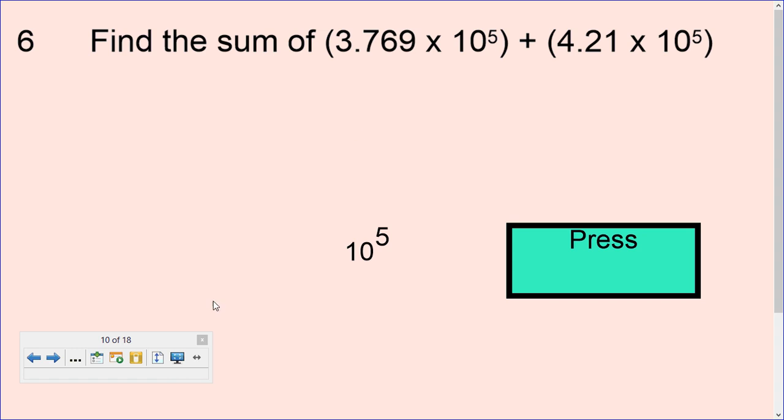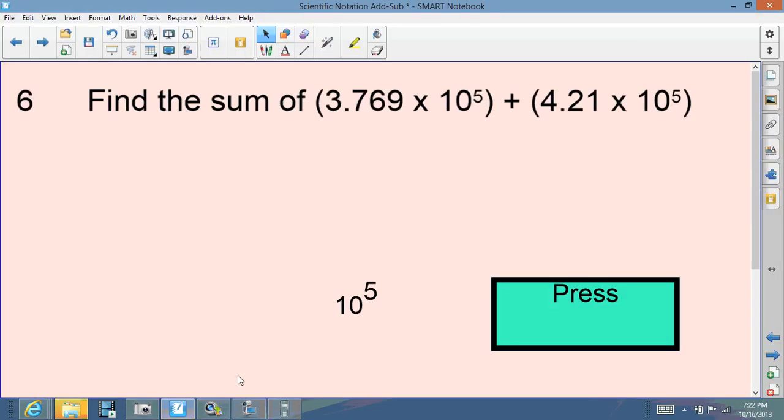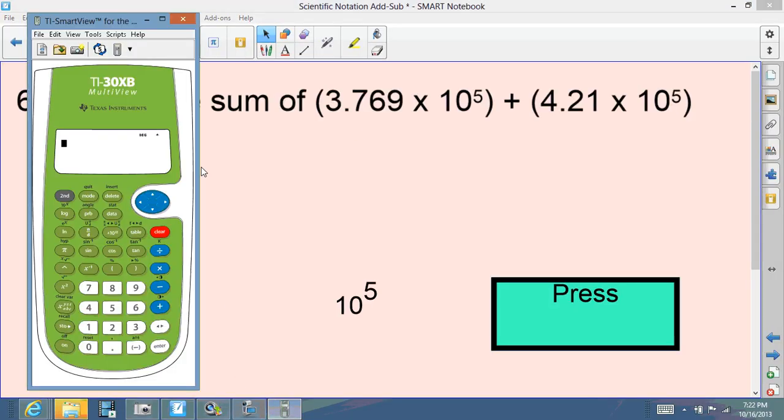Now we have to get our calculator because we've got to add the coefficients. So we're going to add up the first number, 3.769, and we're going to add the second coefficient, which is 4.21.